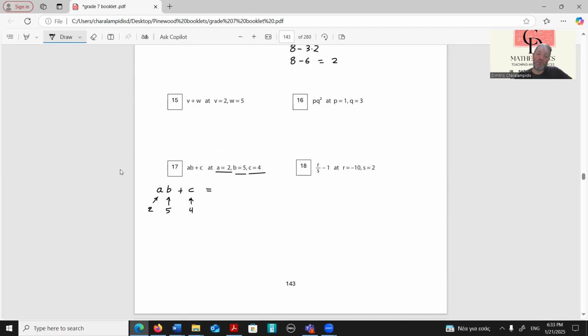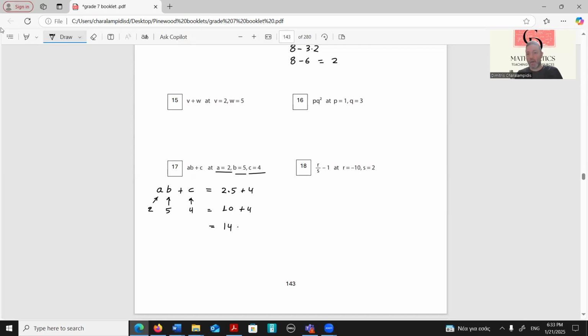By doing so, I should be able to rewrite that as 2 times 5 plus 4, and then do the needed operations by always applying the order of operations. 2 times 5 is 10, plus 4 is 14.